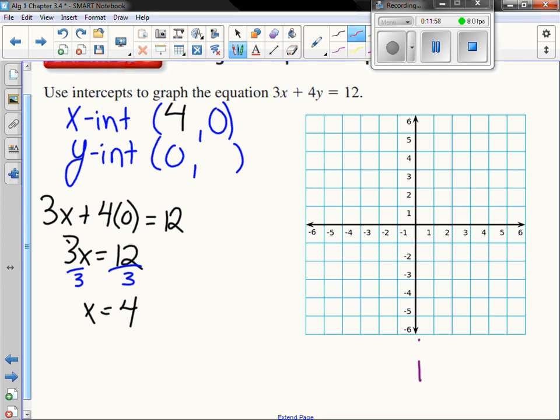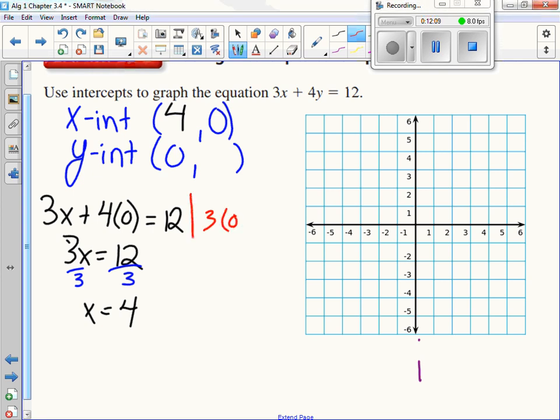Well, now we want to find the y-intercept. So we'll do the same thing, except this time we're plugging in 0 for x. So we'd have 3 times 0 plus 4y equals 12. Well, 3 times 0, that's 0. It's gone, yes? So what am I left with? 4y equals 12.